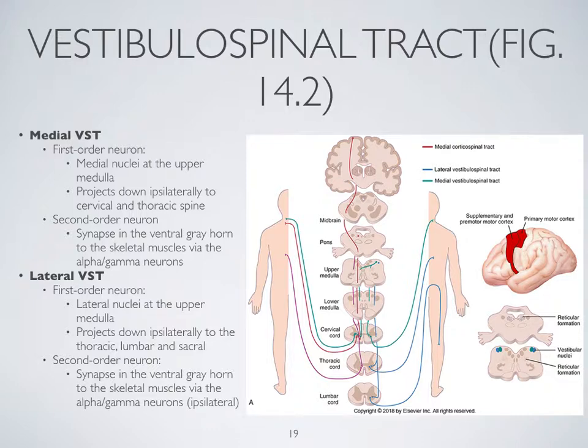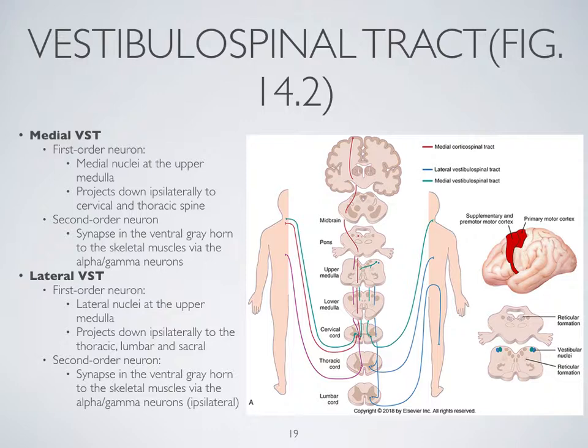That first order neuron is going to stay in that lateral white column area, more in the anterior aspect of it. Then it synapses into that ventral gray horn on that same side, and goes to our lower motor neuron, whose cell bodies react to our gamma and alpha neurons, controlling whatever postural extensor we need for our anti-gravity position.